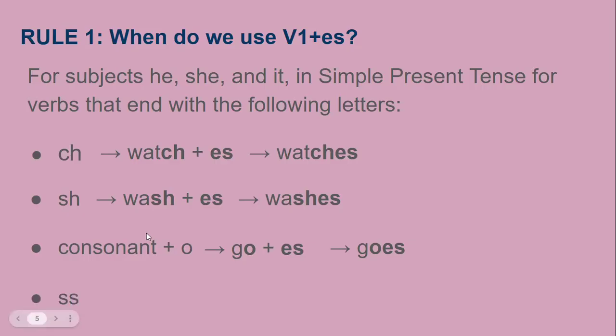Next up, for any verb that ends with the letters SS, S followed by S. For example, you've got the verb miss, you add es at the end of that verb, it becomes misses. Right? Let's move right along.